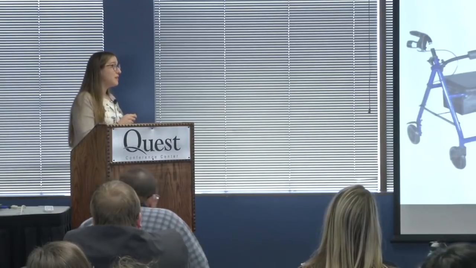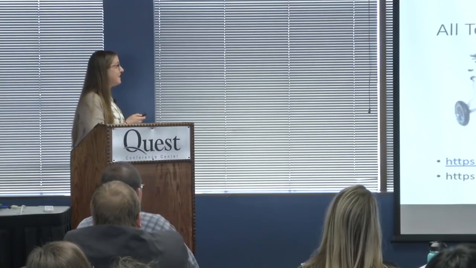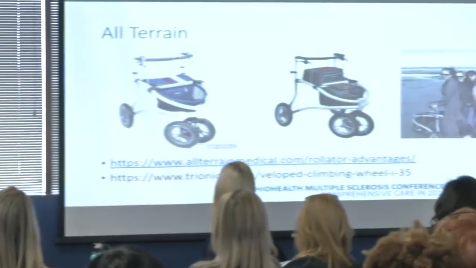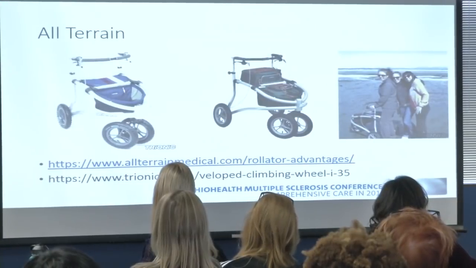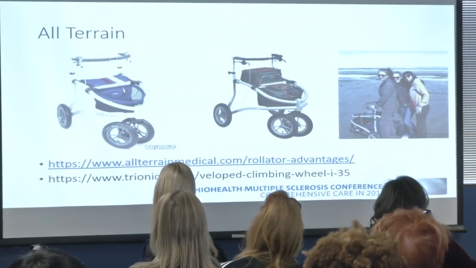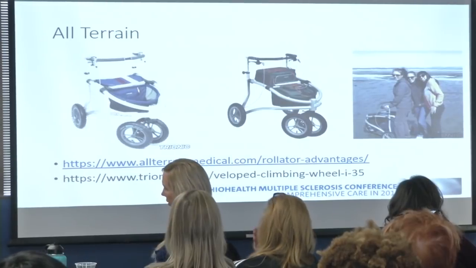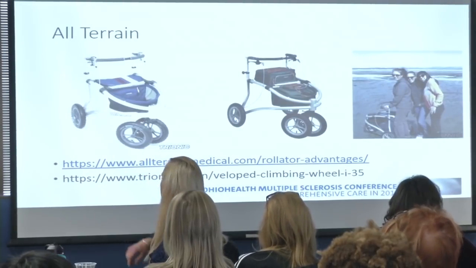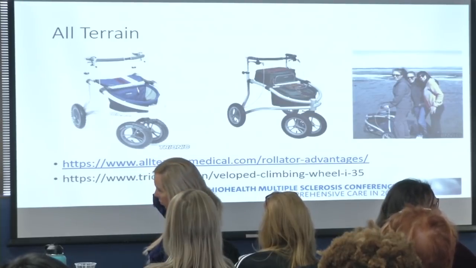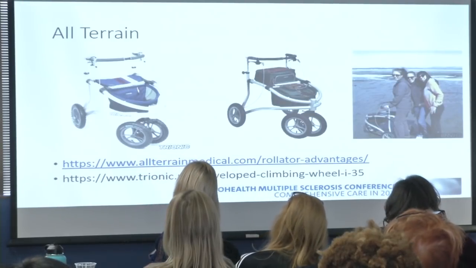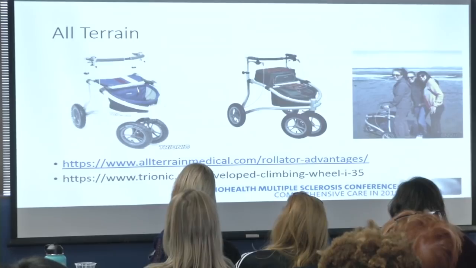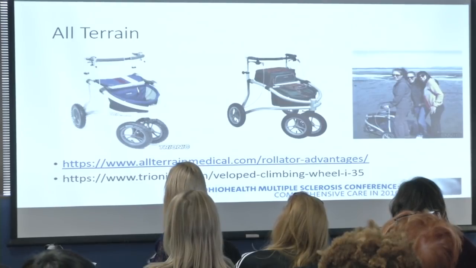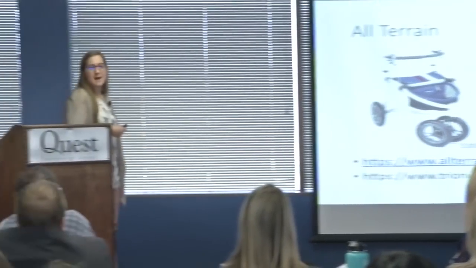Now, I'm going to show you one that I've never given anyone, but it's out there for the most appropriate client. These are kind of the all-terrain Rolls Royce of walkers. So they have what's called a climbing wheel. So you see this dual wheel on the front. One of them stays down while the other one raises up to get over curbs and thresholds.